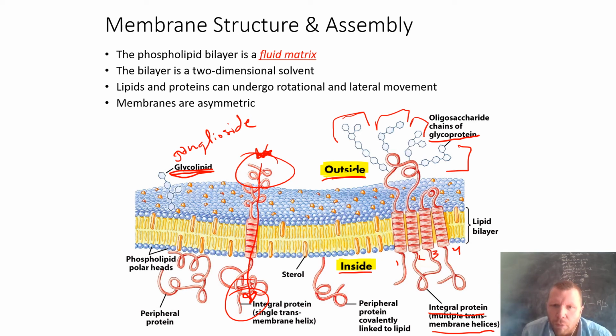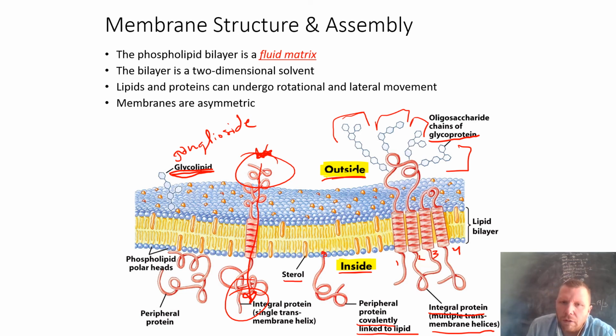Okay, now let's go on the interior of the cell, on the inside of the membrane. We've got a peripheral protein covalently linked to a lipid. This would be a good example of post-translational modification that affixes a protein to a lipid. Next up, we've got a sterol on the inside of the membrane, but if you look at that sterol, it kind of looks like a hot dog.